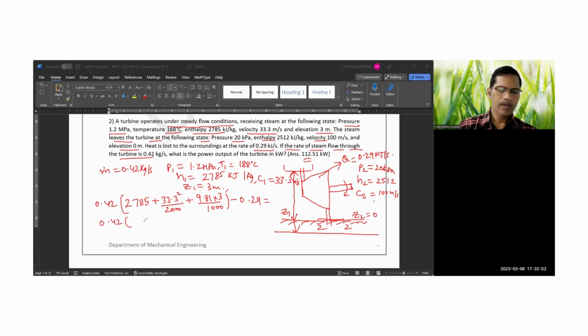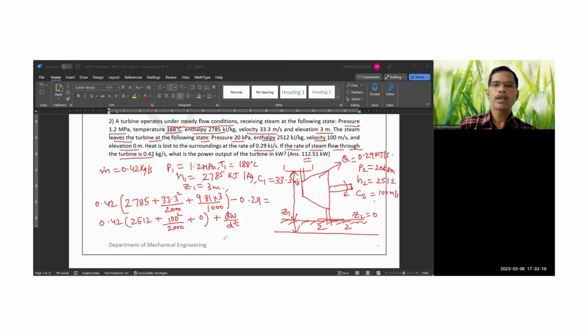then again at the outlet point, 0.42, the steam is going to leave, that is 2512, and at the exit section the kinetic energy is 100 squared divided by 2000, plus Z2, which is 0. Now you have to calculate dW by dt.